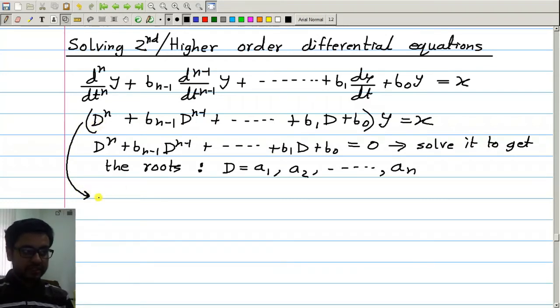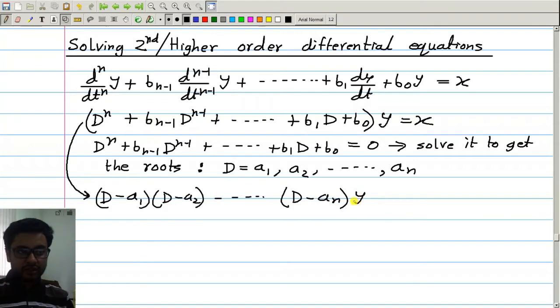this differential equation like this: d minus a1, d minus a2, then d minus an, whole operating on y is equal to x.